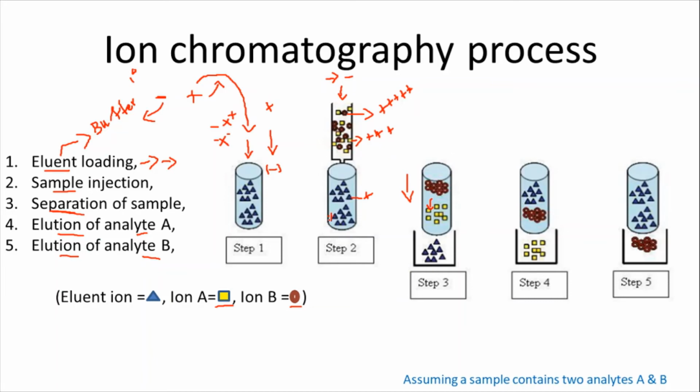Already an ionic bond is there, because this is negative charge and this is positive charge, but a small positive charge. So sample A disturbs the ionic bonds between the stationary phase and eluent ion, and finally the A molecule interacts with the stationary phase.